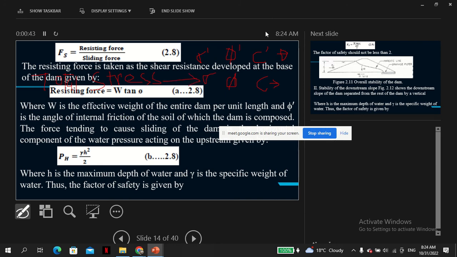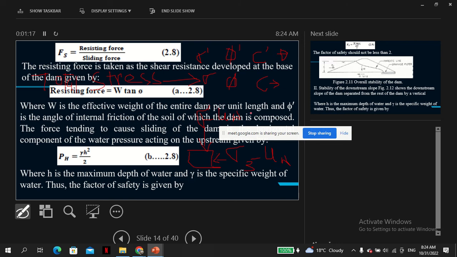The reason for this is, we said when you do the test here, this is either sigma 1 if you are not able to measure the pore water pressure, so it's total stress, but ideally should be sigma 1 minus the pore water pressure, and this is also sigma 3 minus the pore water pressure.